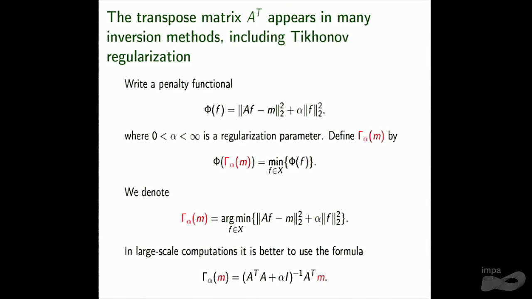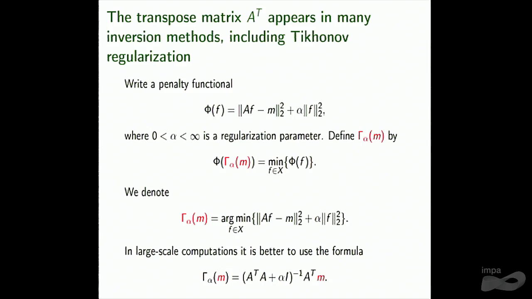So just to remind you, this is the Tikhonov regularization we already saw. We have a penalty functional like the data misfit, and then something like this. There can be an operator here, for example, a discrete derivative, with f. And then computing the minimizer, one way to do it is to apply this inverse operator.